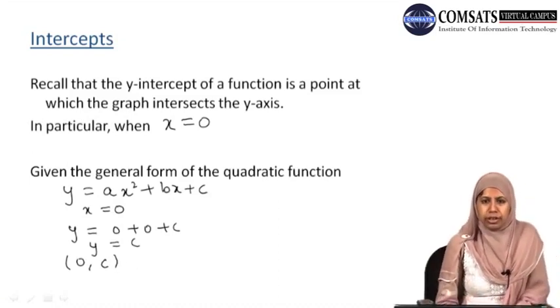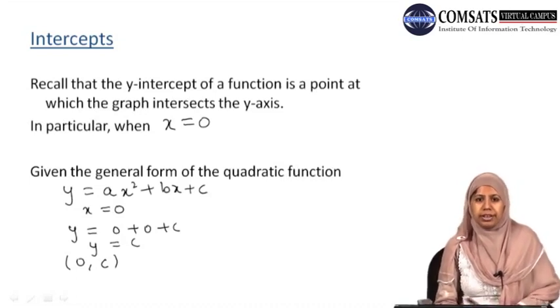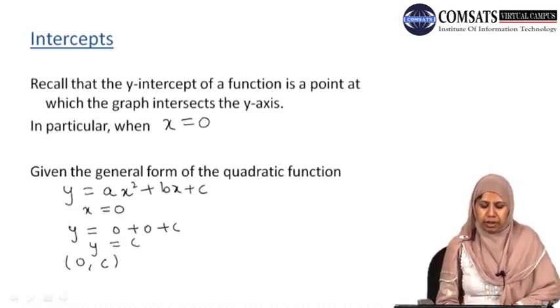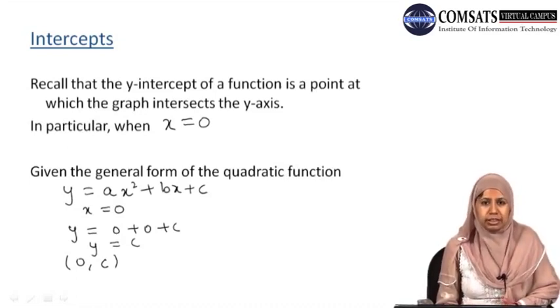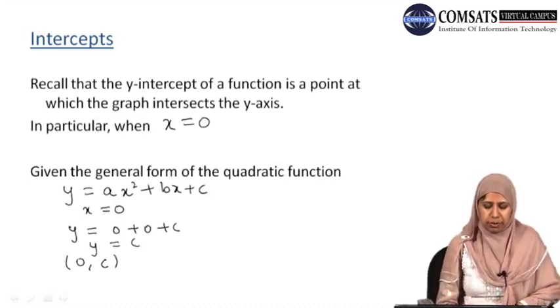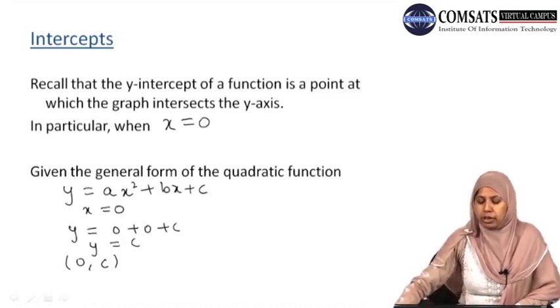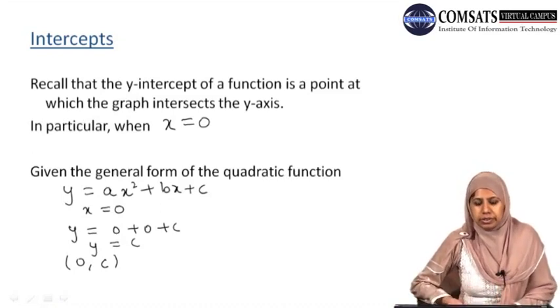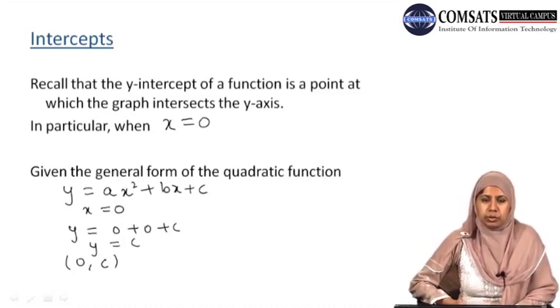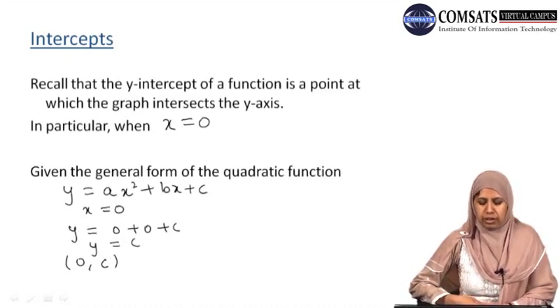So for the case of quadratic function, we can also find the y-intercept very easily. It is the same process as we have done for the case of linear equation in our second chapter. For the quadratic function or quadratic equation, the concept of y-intercept is the same. That is the point where the function intersects the y-axis, which means the point where x is equals to 0.